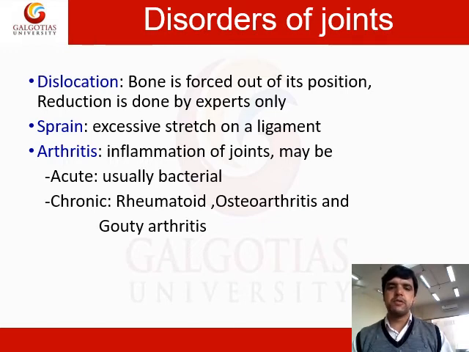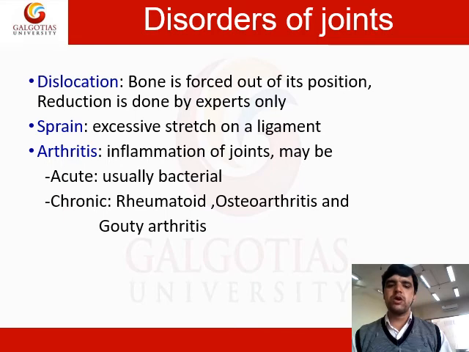The third type of disorder is arthritis. Basically arthritis is a condition in which inflammation of the joints takes place. It may be of two types. One is acute, which is usually bacterial in nature, so the bacteria are attacking the joints and the inflammation of the joints is taking place.